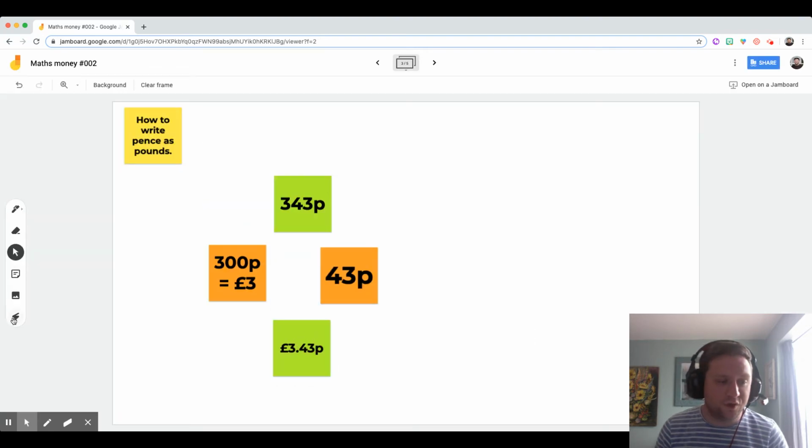So here, just to recap, I've taken 343p, I've partitioned it into pounds and pence. I've then used the decimal point to put those two values back together to show £3 and 43 pence.